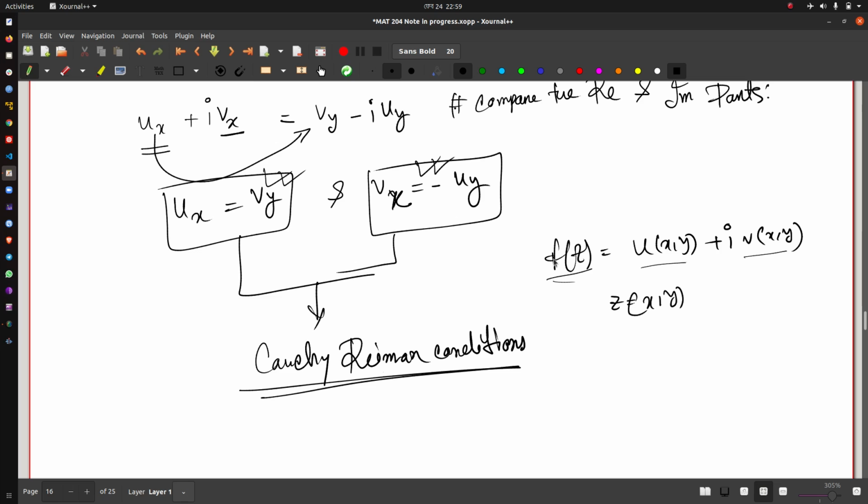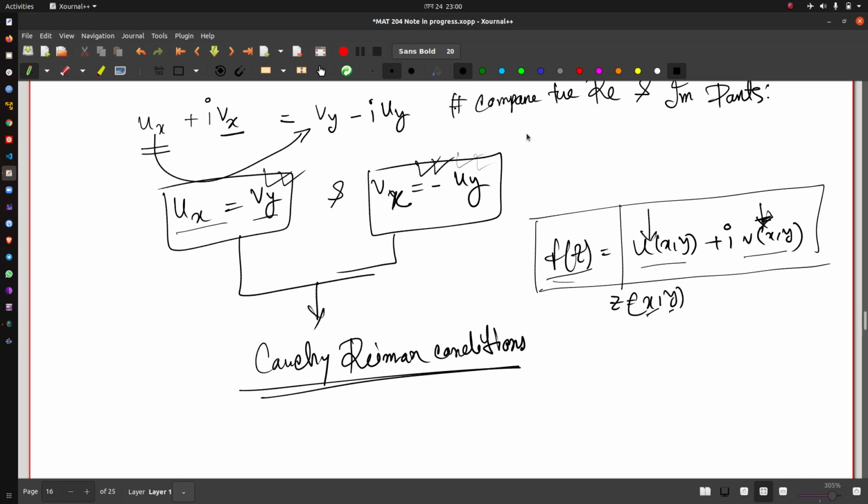And a sufficient condition is that when you have these u's and v's, that means if they exist first, and it also turns out that the partial derivatives of u and v exist as well, then if you combine them in this manner, if the portion with u and v possess the partial derivatives at some point that is denoted with x and y's under z, and they also satisfy this equation as well, then f prime of z, the derivative of f, exists.